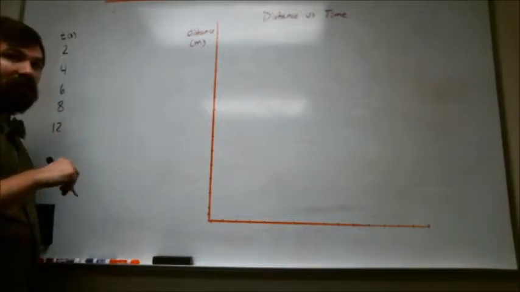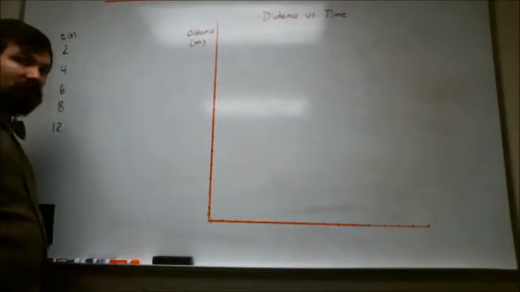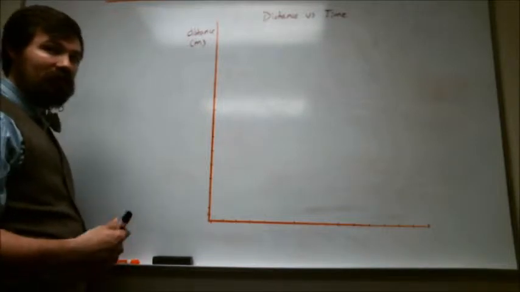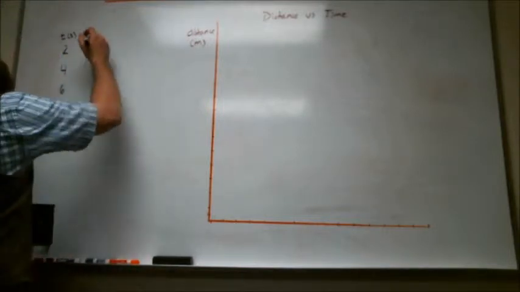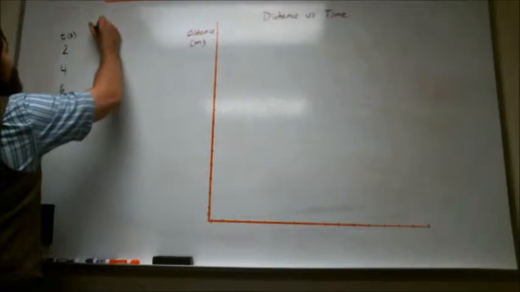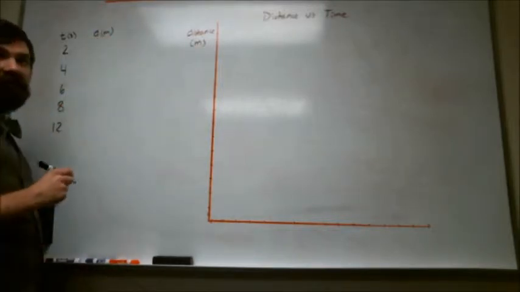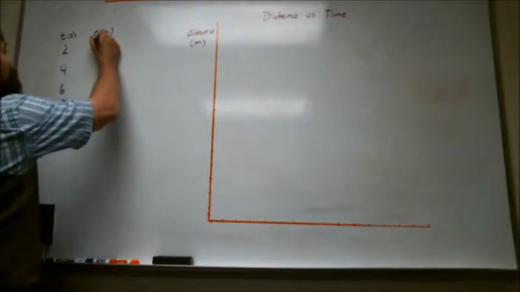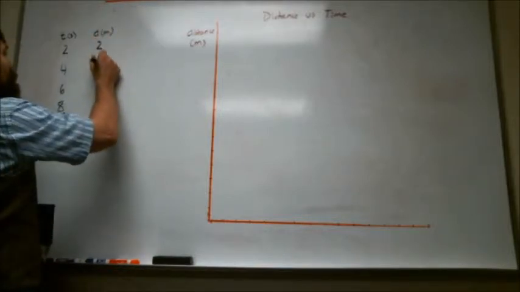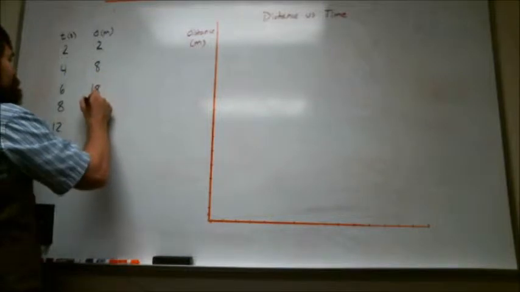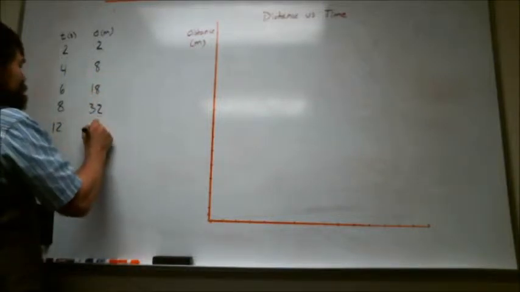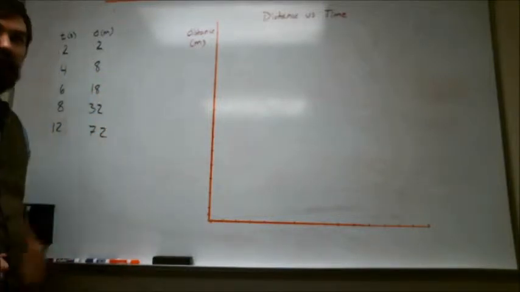And let's say that when you take these measurements, you also take a set of distance measurements, distance traveled. Let's say the distances traveled you mark as 2, 8, 18, 32, and 72.